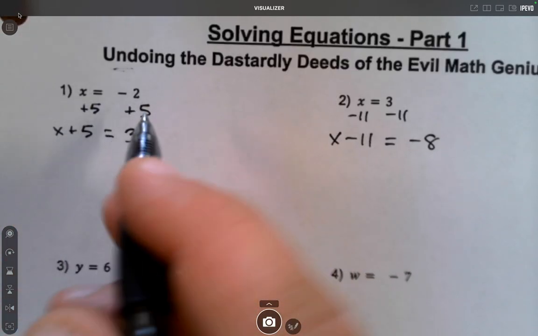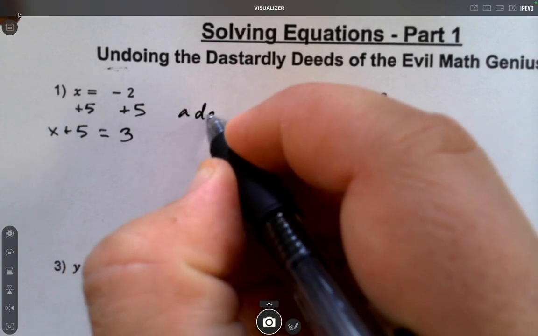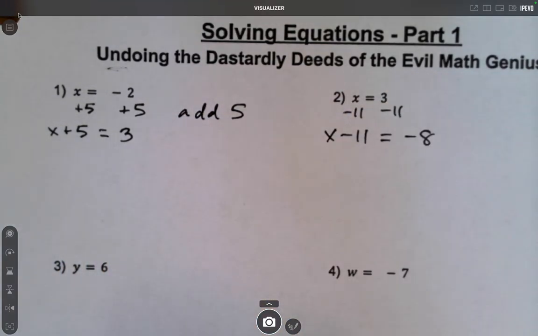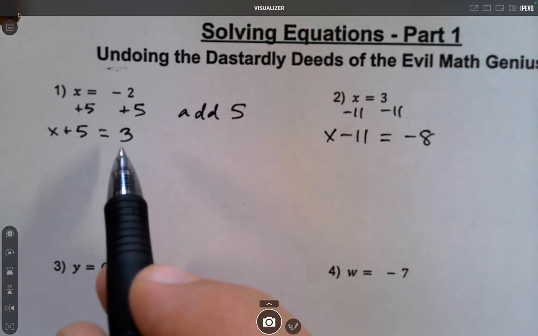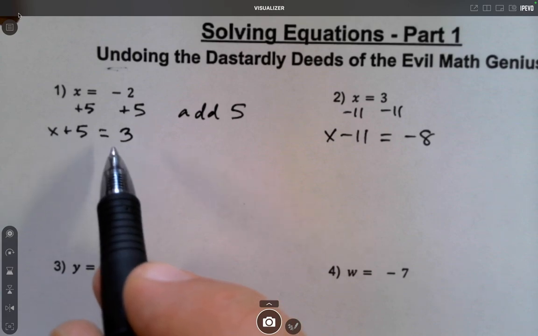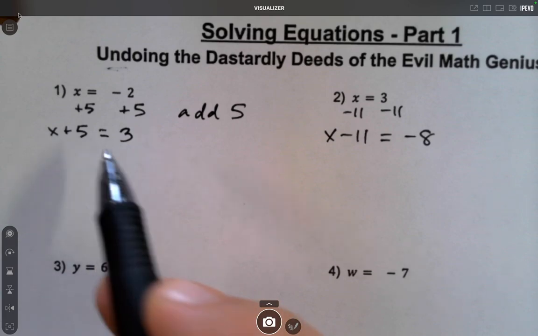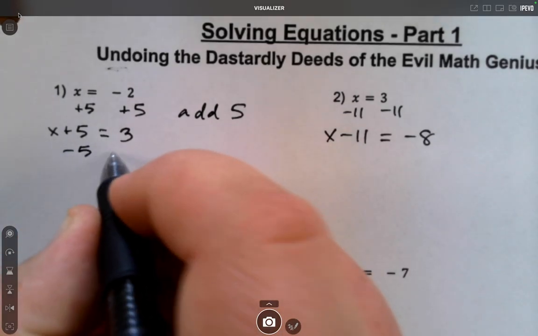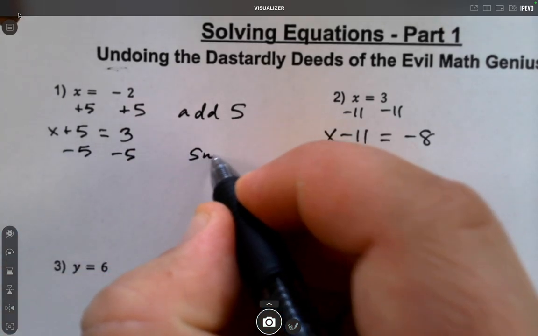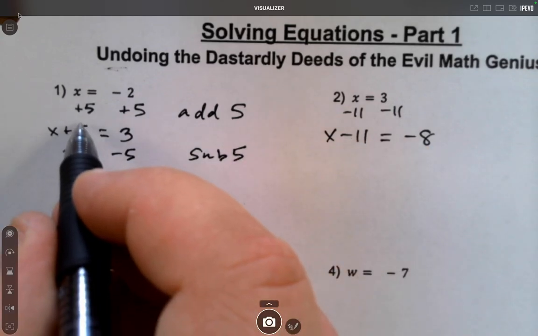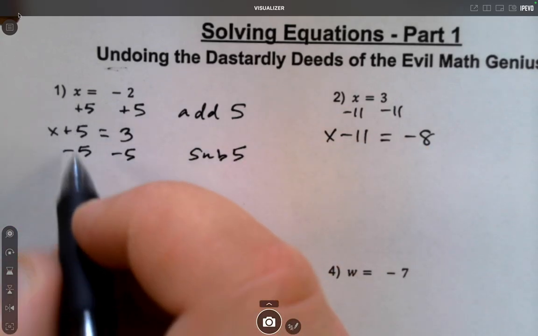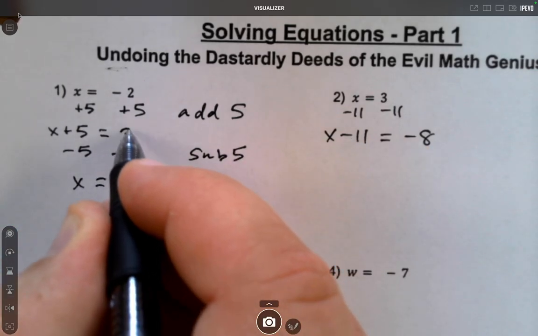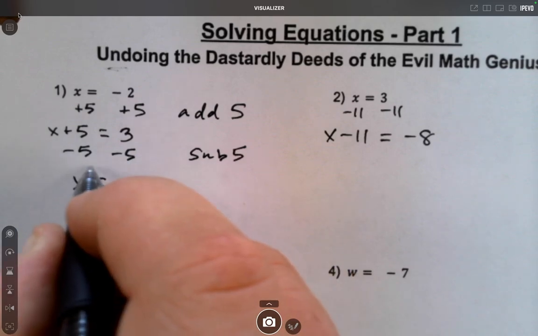He started with the answer, and then he added 5 to both sides. If we want to find the answer from the question, we'll have to do the opposite of what he did. We will subtract 5 from both sides. 5 minus 5 is 0. x plus 0 is x. 3 minus 5 is -2.